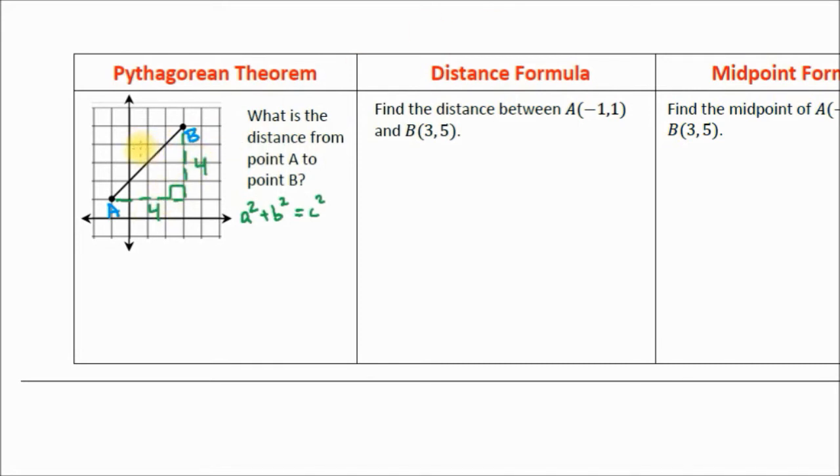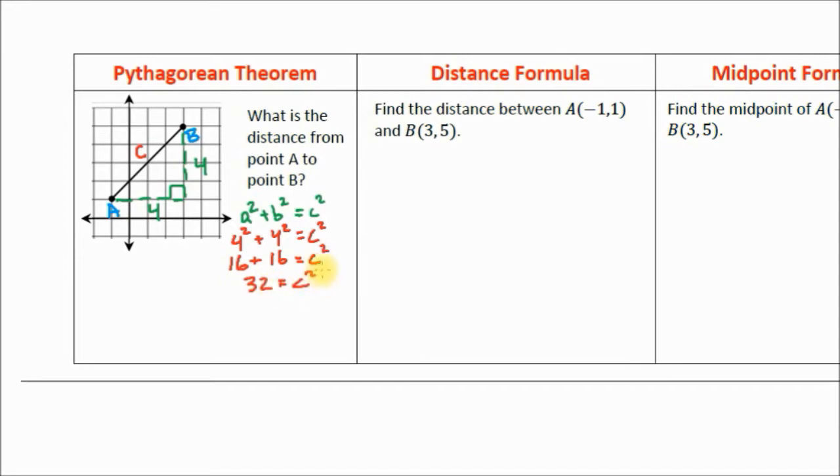C is going to be the actual length of the hypotenuse, which will be the distance from A to B. So let's say A is the leg that's 4 units, B is the leg that is 4 units, equals c squared. 4 squared is 16. 4 squared is 16. That's going to equal c squared. 16 plus 16 is 32 equals c squared.